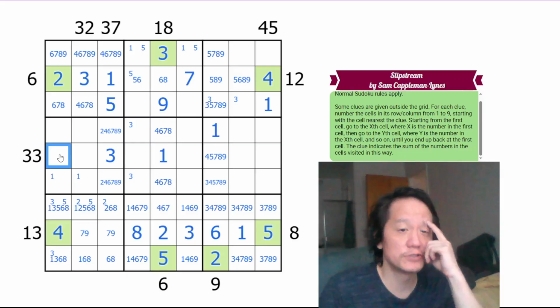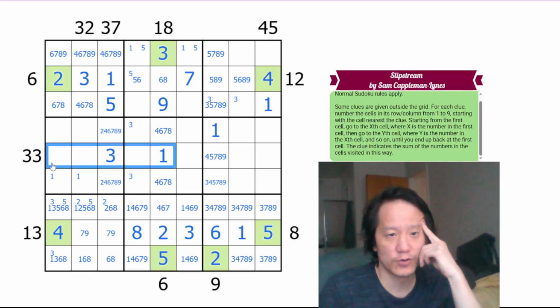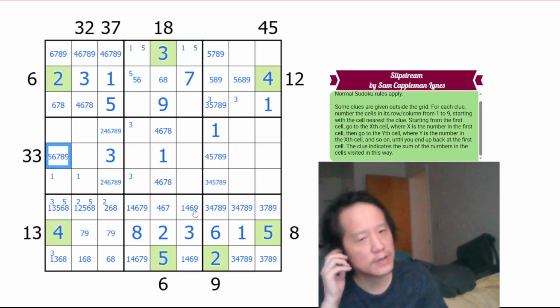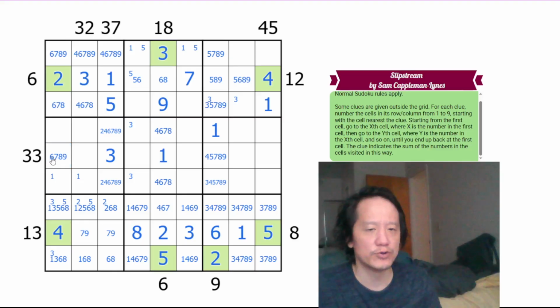This can't be 1, 2, 3, or 4 because of the 1, 3 in the row and the 2, 4 in the column. So this is 5 through 9. It cannot be 5 because that would point to the 1, which points back to the first cell, which would mean that adds up to 6.